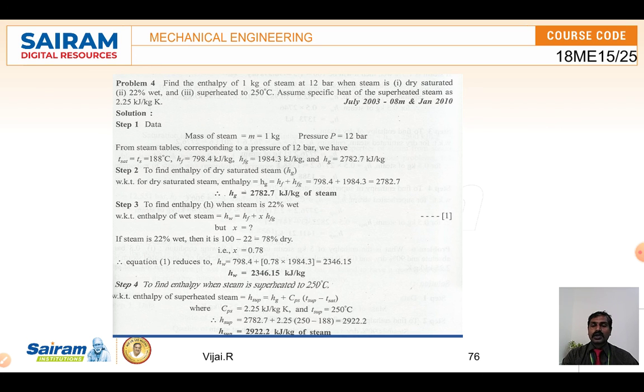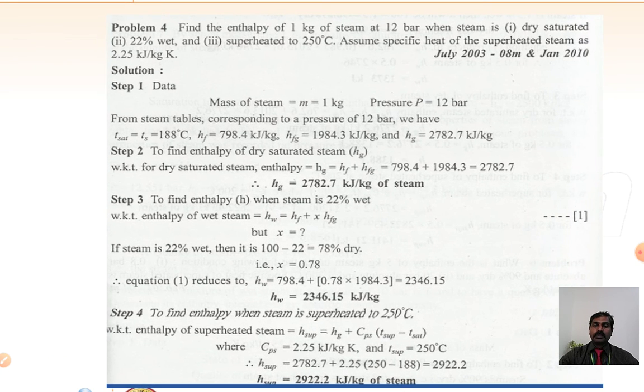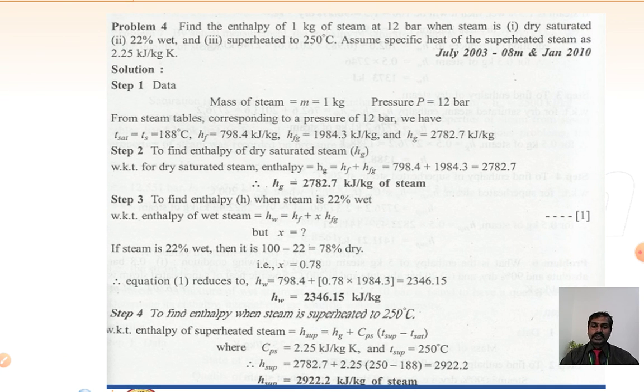What are we going to cover in this portion? In the problem, we have to find the enthalpy of the steam: hf, hfg, hg and h super. Here we find the enthalpy of 1 kg of steam at 12 bar pressure.